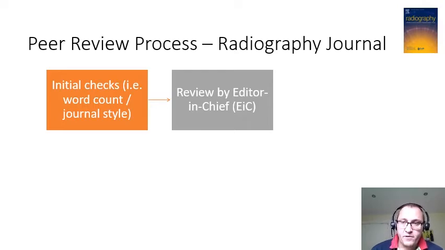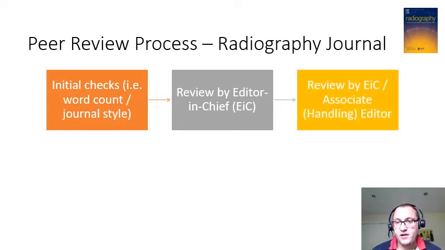If it does fit within the scope of the journal, then it will either be handled by Julie or she will send it to one of the associate editors for handling. So one of the editors, be it the editor-in-chief or the associate editor, will then review the article and will select reviewers to undertake the peer review process.